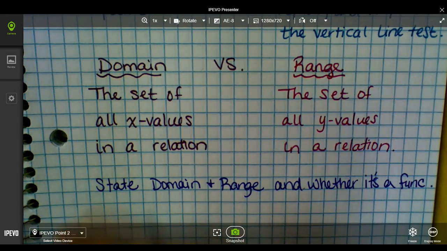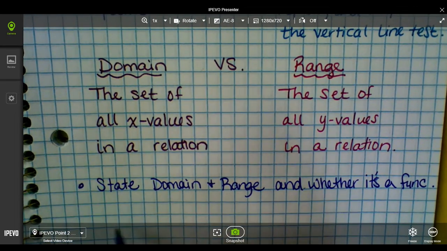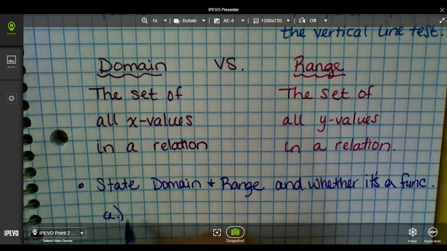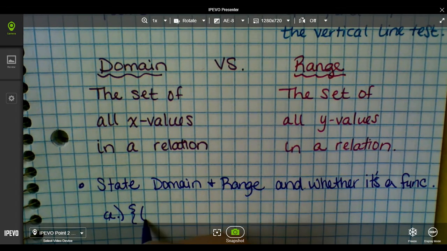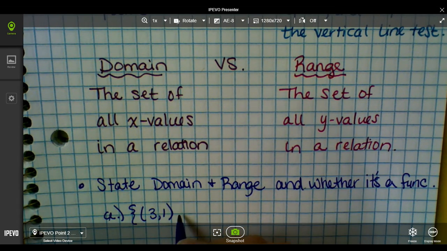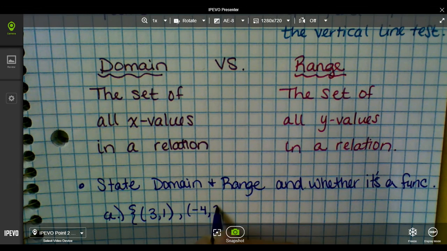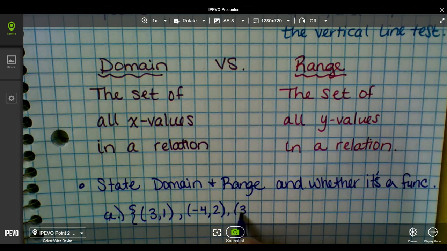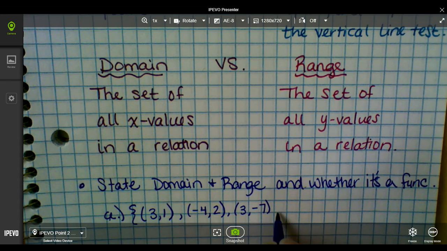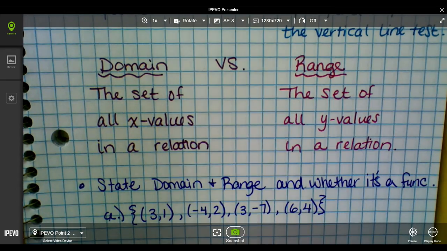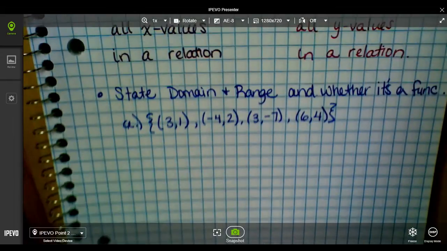So for part A, I'm just going to give you a set of ordered pairs. So I have (3, 1), (-4, 2), (3, -7), and then (6, 4). So I have to state my domain and range and whether or not this is a function.